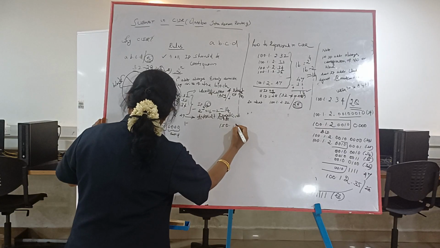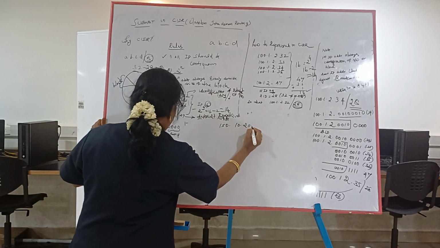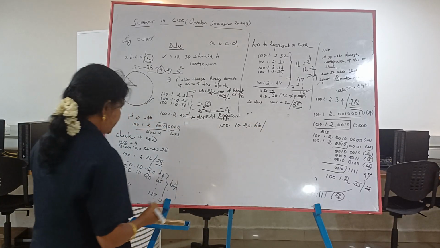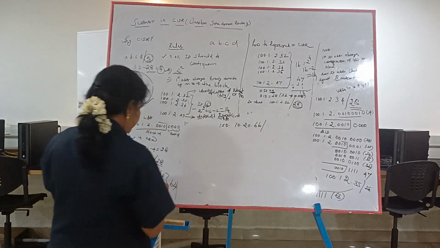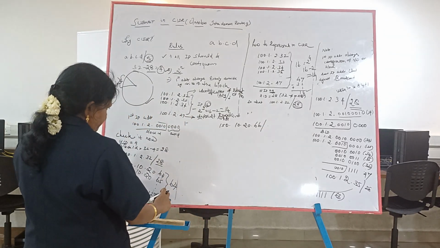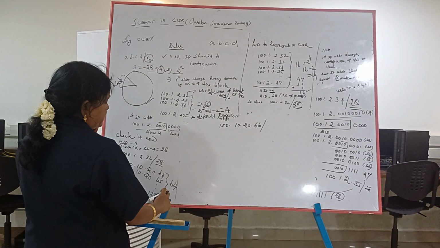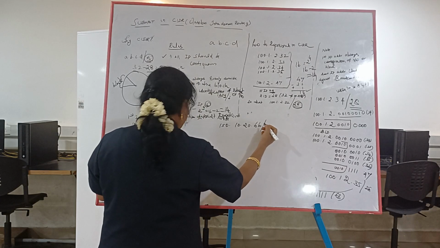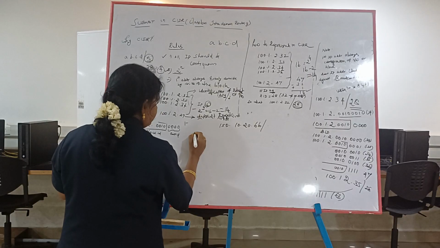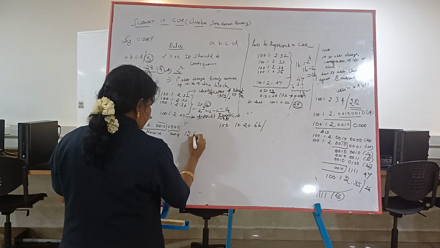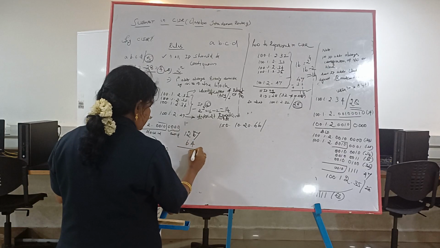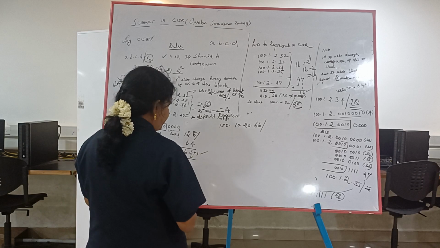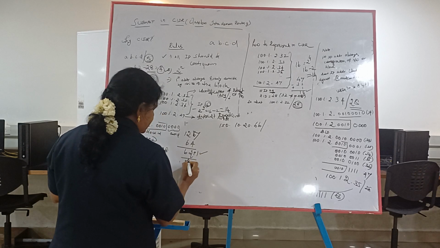150.10.20.66 slash 26. How many bits do we have? 64. 2 to the power 5 equals 32, 2 to the power 6 equals 64. 127 minus 64, the range will be 64.